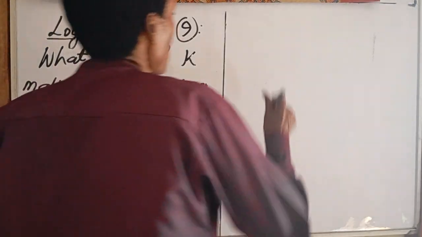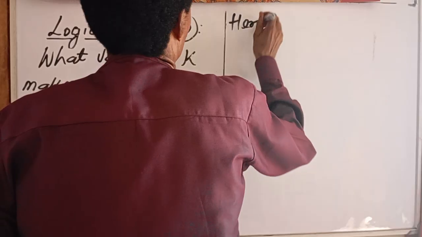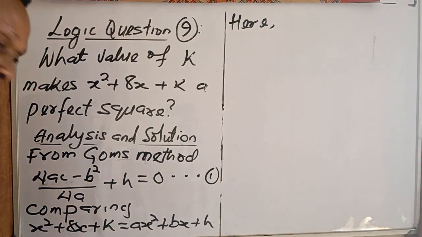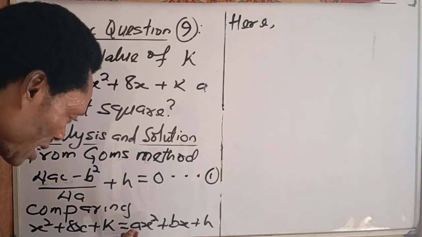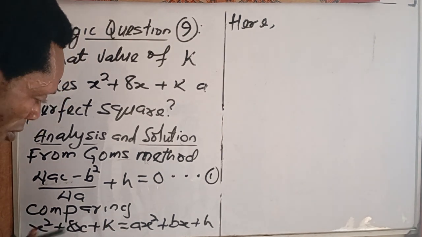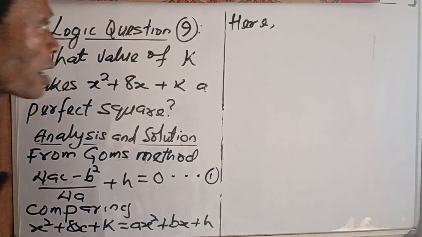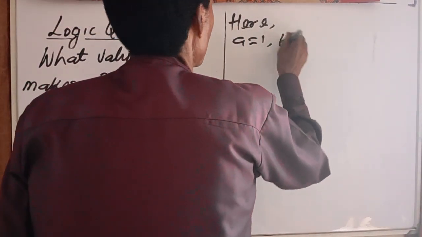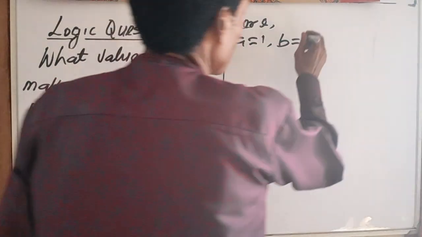Now we have to compare coefficients. The value of a, look at it, this is a. The value of a here is 1, because this is x squared, this is x squared. So a equals 1. Then b equals 8.